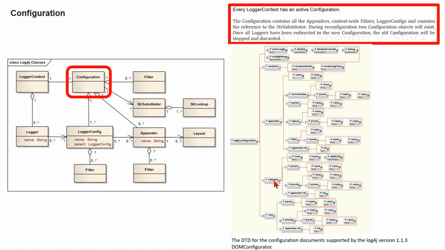Here the category interacts with class string, name string, additivity enumeration, and param and appender-ref.